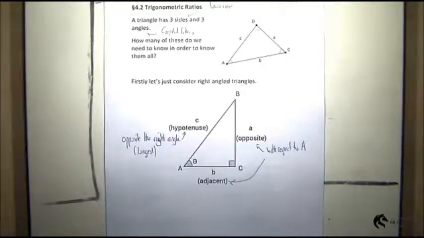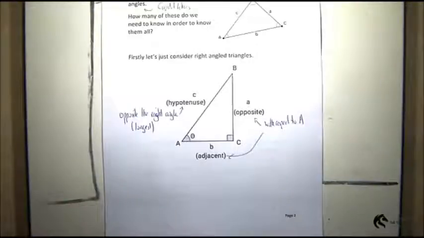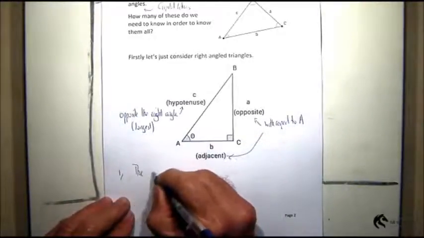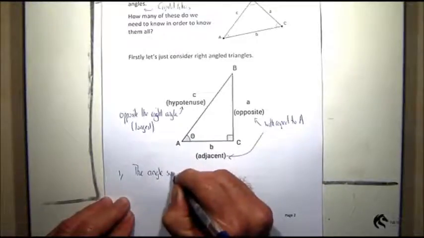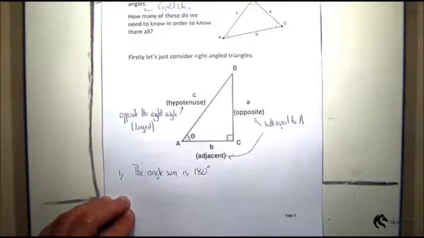Now, sitting in this triangle here, there's a few things that we know already. The first thing that we know is that the angle sum is 180 degrees.